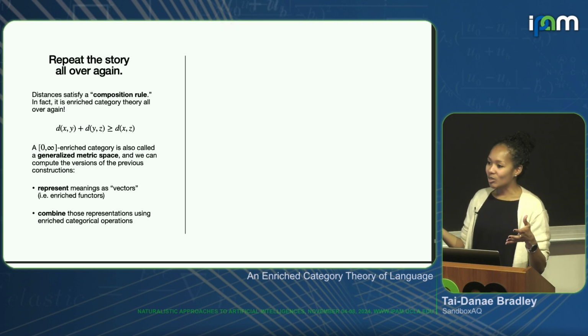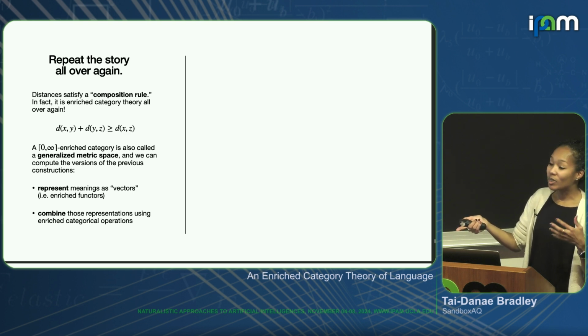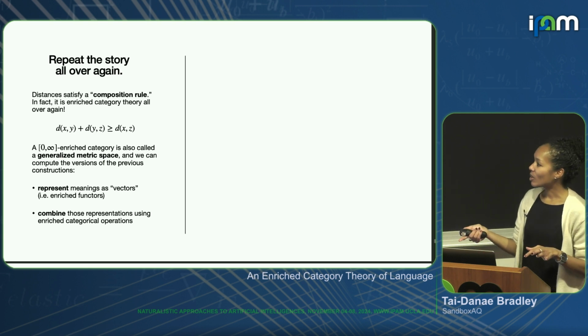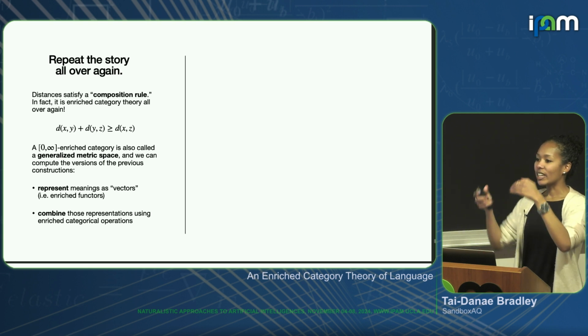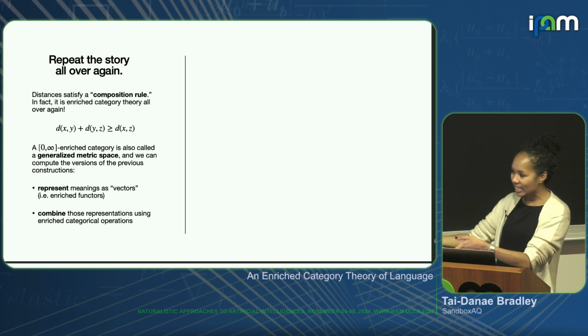And you can repeat the story over again. So I mentioned distances; it's really a metric. Actually, this is a metric, except you don't have symmetry. So the distance from x to y is not necessarily the distance from y to x. So a category enriched over 0 to infinity is sometimes called a generalized metric space.